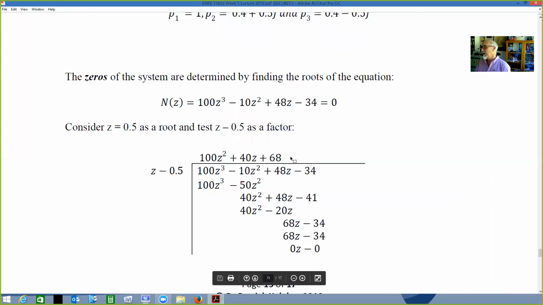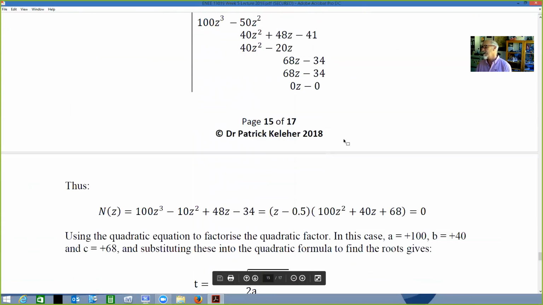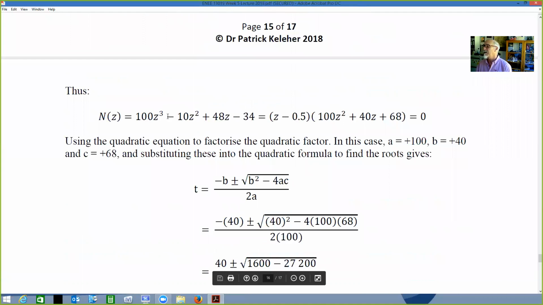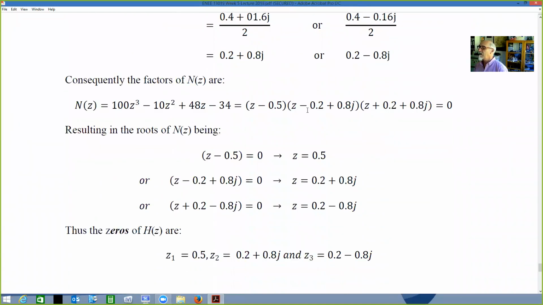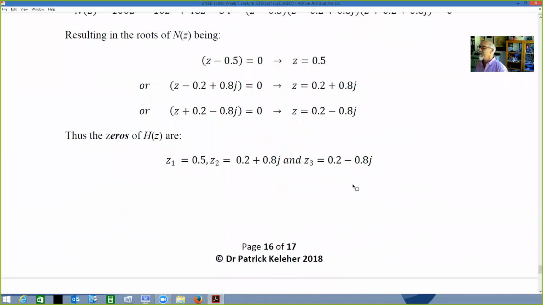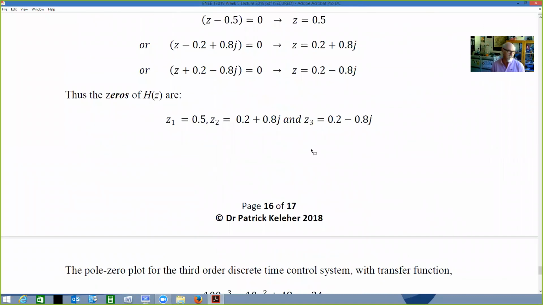So polynomial division, I go through, same thing again. I find that my cubic, higher order, turns out to be 2 factors, a factor of first order, and this is second order or quadratic. Again, I can find the roots of that particular equation, find the factors and the roots, and likewise, I can equate those to 0, and bingo, they're the zeros of my numerator.